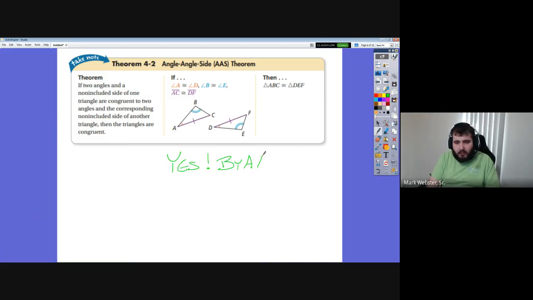By angle, angle, side. Congruence, right? Angle, angle, side. And you'll notice again, this time the angle pairs don't have the side pair between them.